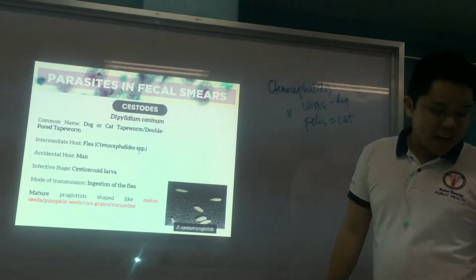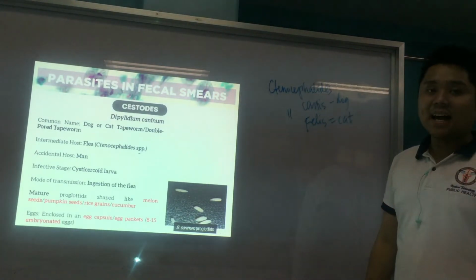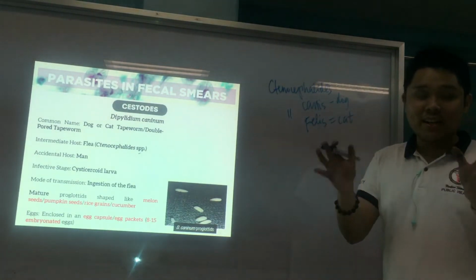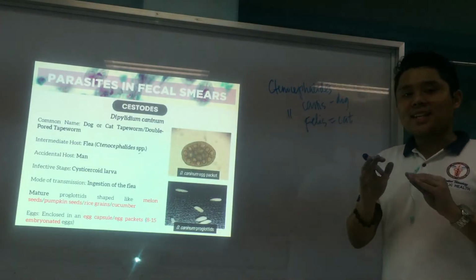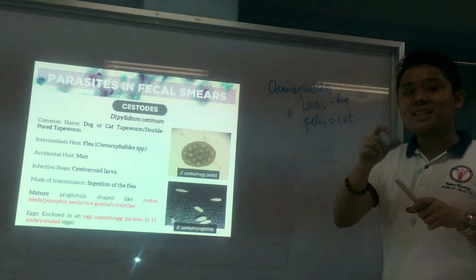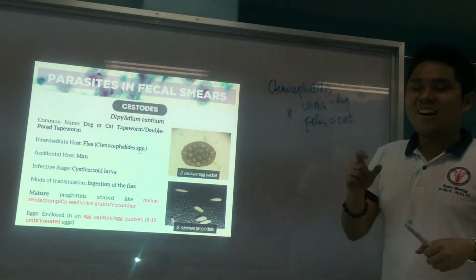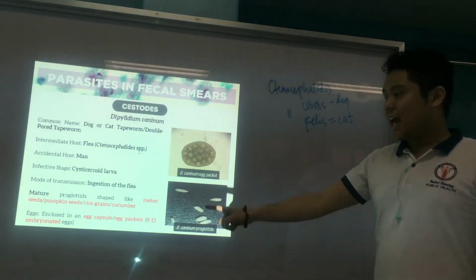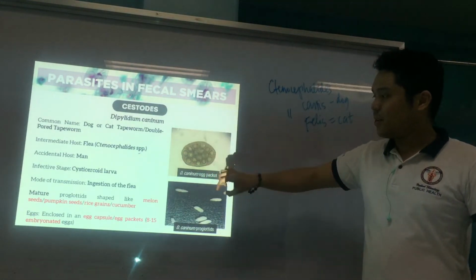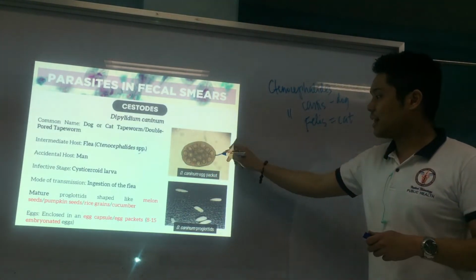Alright? And aside from that, its eggs are enclosed, very characteristic, very distinct, egg packets. Meaning, it's enclosed in a capsule, and the capsule contains individual eggs. It can have 8 to 15 embryonated eggs. And the individual eggs resemble taenia. They look like taenia.